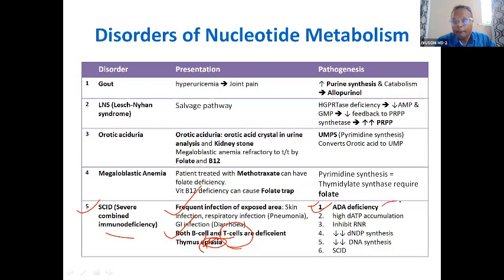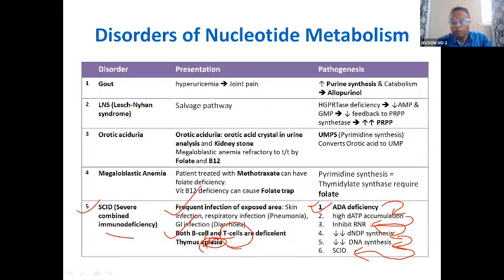So there will be accumulation of deoxy ATP. Deoxy ATP is an inhibitor of RNR, ribonucleotide reductase, as I have told. When RNR is inhibited, there will be no production of dNTP. Then DNA synthesis suffers, so multiplication of B cells and T cells suffers. That leads to SCID.